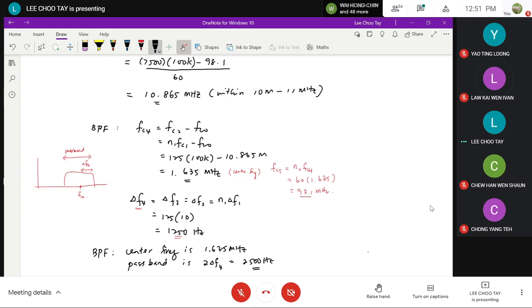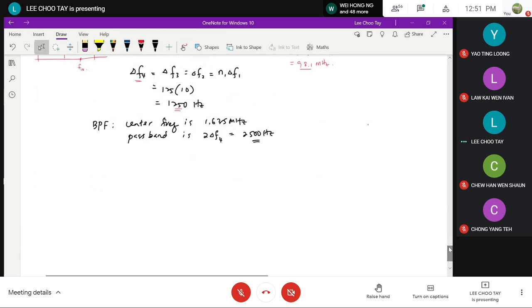Okay, so let's end the design by actually putting in the final design values.